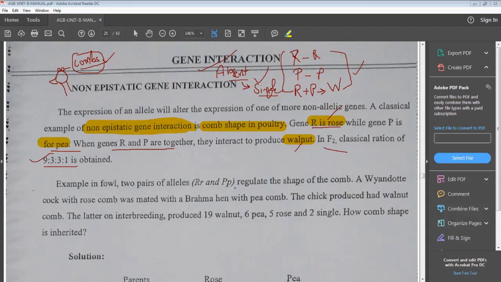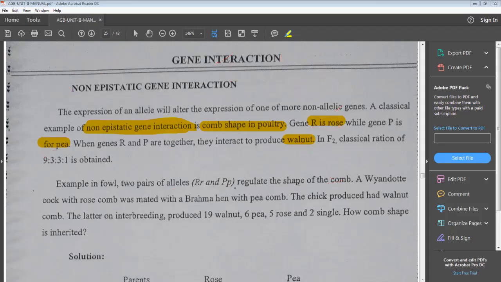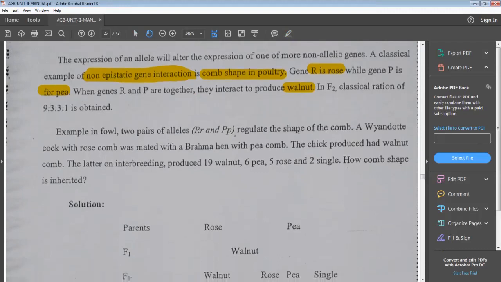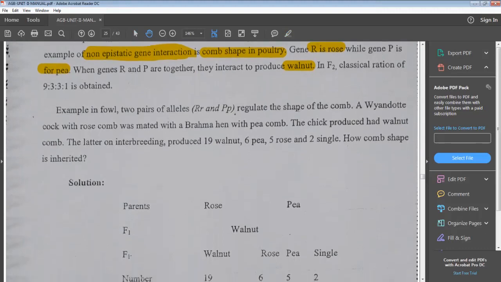In the case of fowl, two pairs of alleles, R and P, regulate the shape of the comb. The cock with rose comb is mated with the Brahma hen with pea comb. Always keep this in mind: if it is written as rose comb, then it is homozygous.